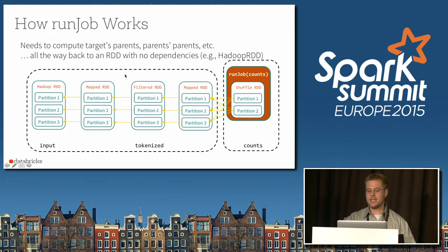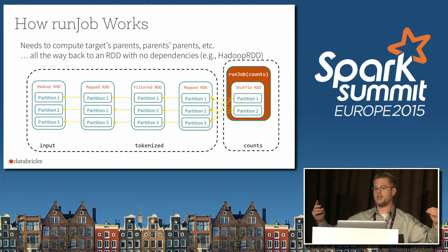So in this stage, we won't have a task for all these yellow arrows. We'll just have a task for each partition. The mapping, filtering, and mapping all go on together in a single task, and then we'll have another one for partition 2 and another for partition 3. That's what's referred to as pipelining: within a stage, we combine the operations for each partition into a single task.